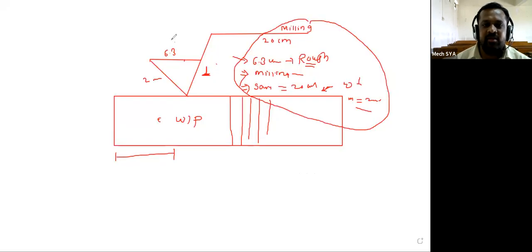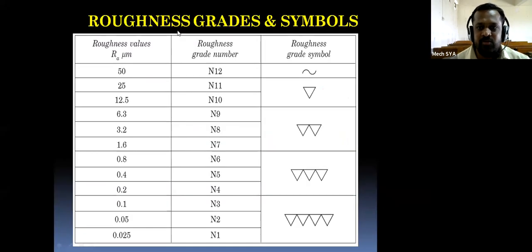Here they always give the surface roughness value. Every time at this portion they will not give the value. Instead of this value they will give the symbol also, like this. This is the surface roughness value.